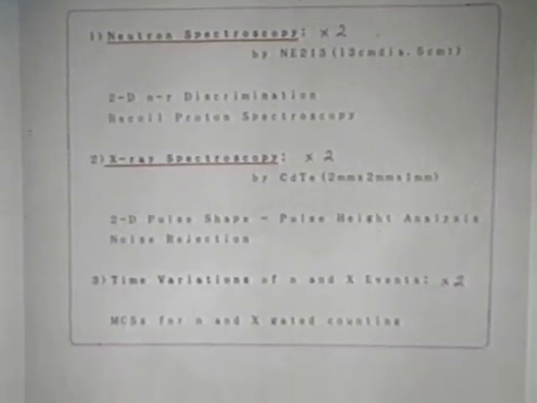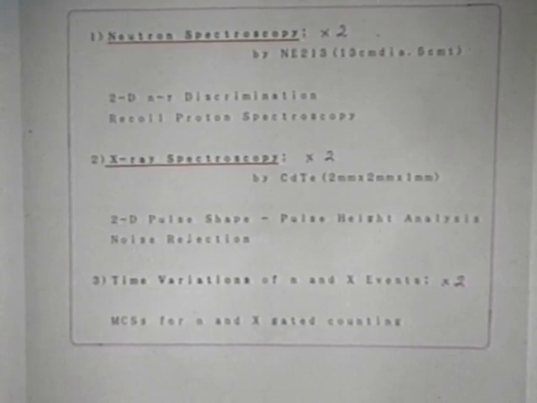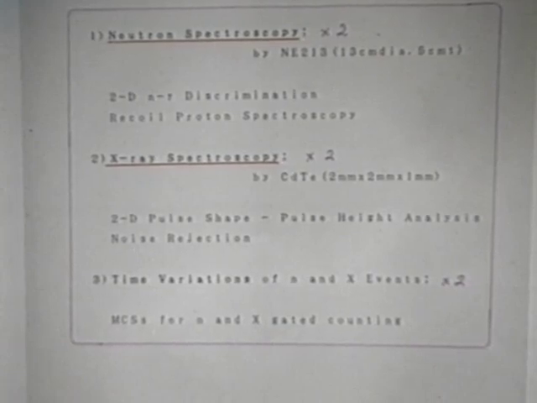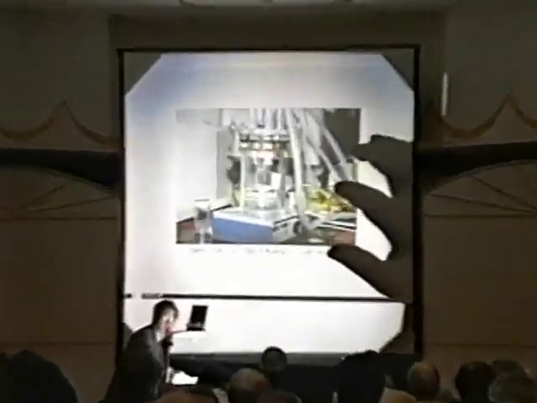And also we are monitoring the time variation of neutron and X-ray events by a so-called multi-channel scaling system. By doing so, if we have any difference between foreground and background, we can say something meaningful is going on.